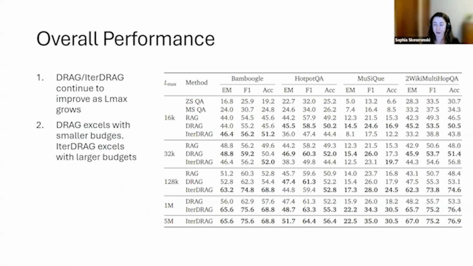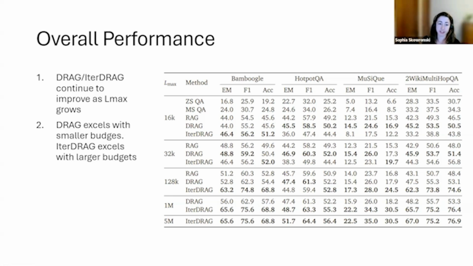In any case, the first takeaway, you can see by the bolded text, is that DRAG and iter-DRAG improve as LMAX grows. The second is that DRAG is more effective in the lower long context windows, and iter-DRAG is more effective at 128K tokens and above.